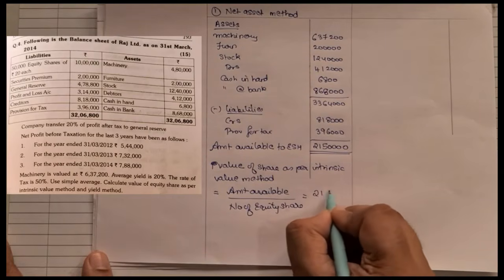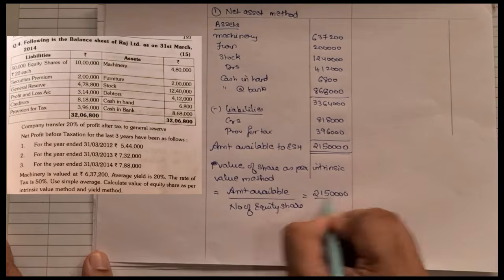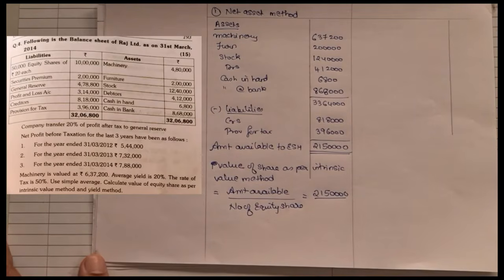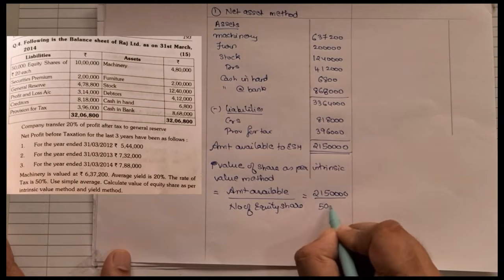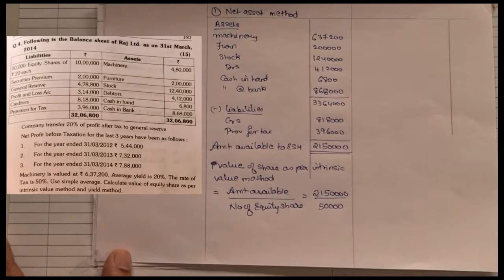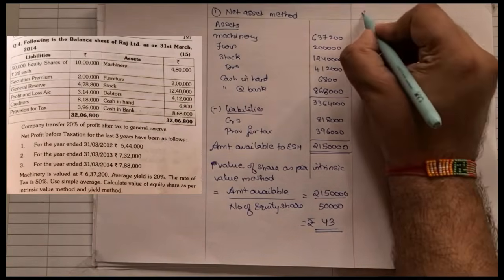Amount available was 21,50,000. Now in the question they have given you 50,000 equity shares of 20 each. So the number of shares is 50,000. So 21,50,000 divided by 50,000, we get the rate as rupees 43. That's as per net asset method. Now the same thing we'll have to find using yield method.